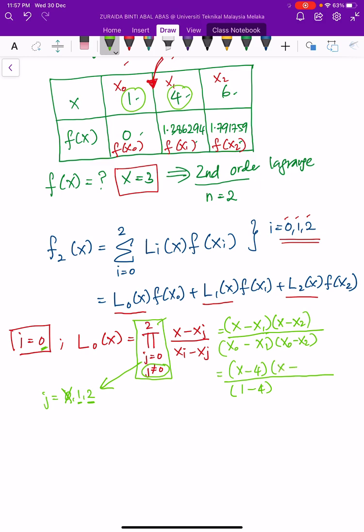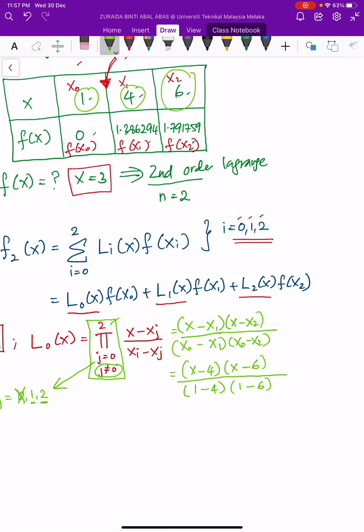Our x2 is 6, so x0, which is 1, minus x2, which is 6.